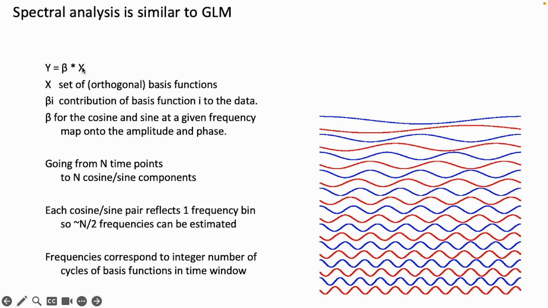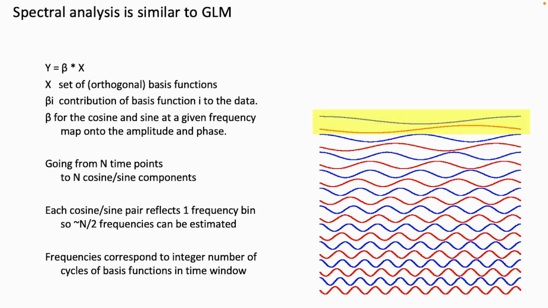That's x. And using the inverse of x times the data, we can estimate the beta coefficients. This is a mathematically correct way of computing a discrete Fourier transform, but it's not a very efficient way. There are faster ways, called the fast Fourier transform, which does this much smarter, but you don't really have to understand how the fast Fourier transform works. What is important is that these sines and cosines are orthogonal.